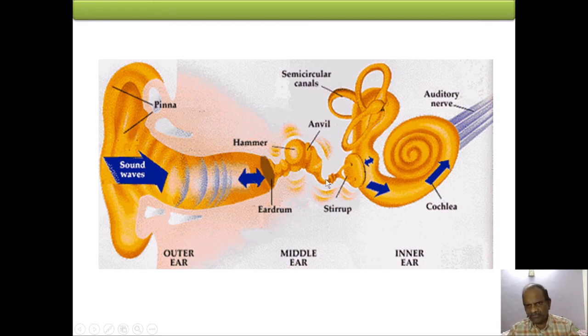The most important part which is vibrating is the footplate, that is the stapes, which is pushed in a back and forward direction, propagating the sound waves across the cochlear portion. Due to this, there occurs movement of the fluid and impulses are produced in the organ of Corti. They are propagated across the auditory nerve to the auditory pathway, and finally terminate in the cerebral cortex, the areas which are mentioned.